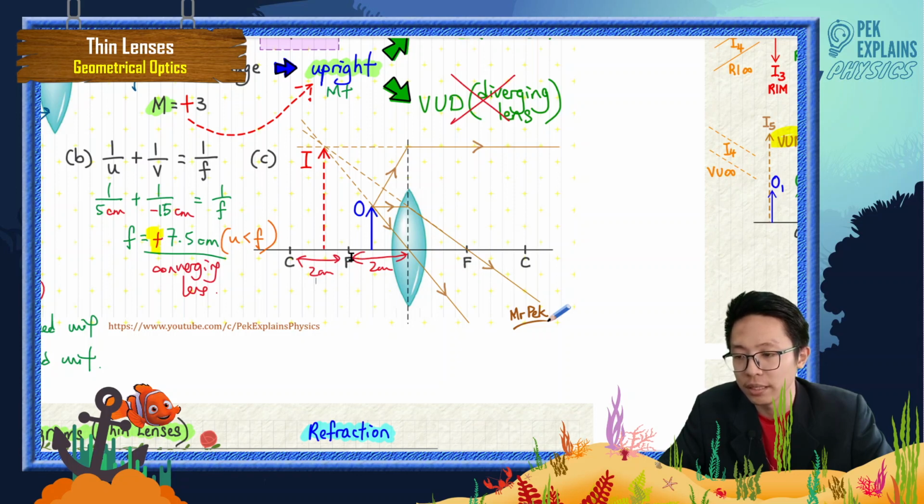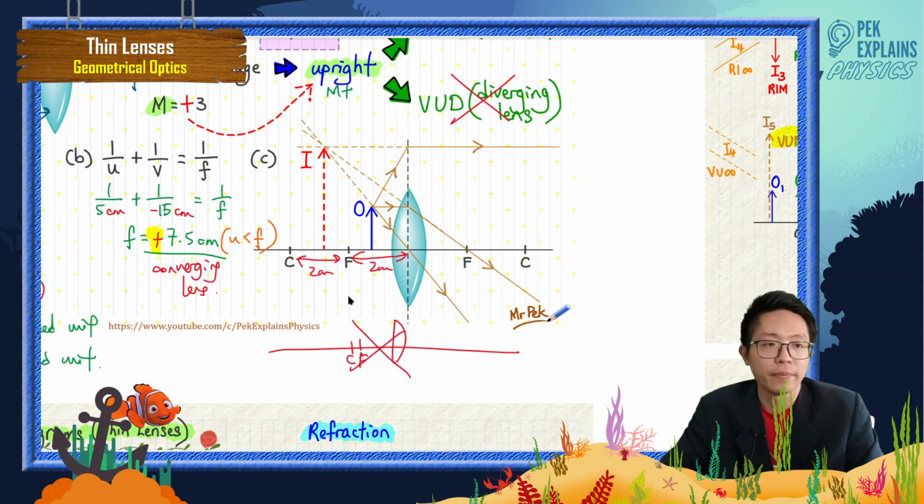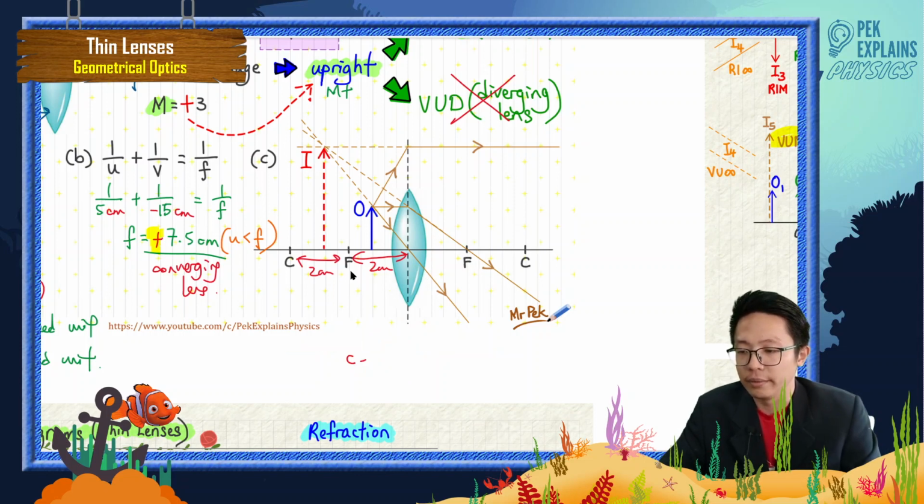You cannot put F over here with the center of curvature very near to each other. This is wrong. Understand? So make it equally spaced. Okay, let me rub this off.